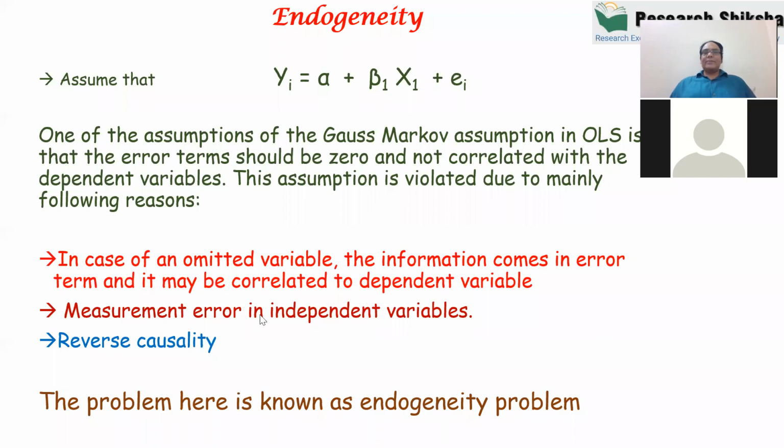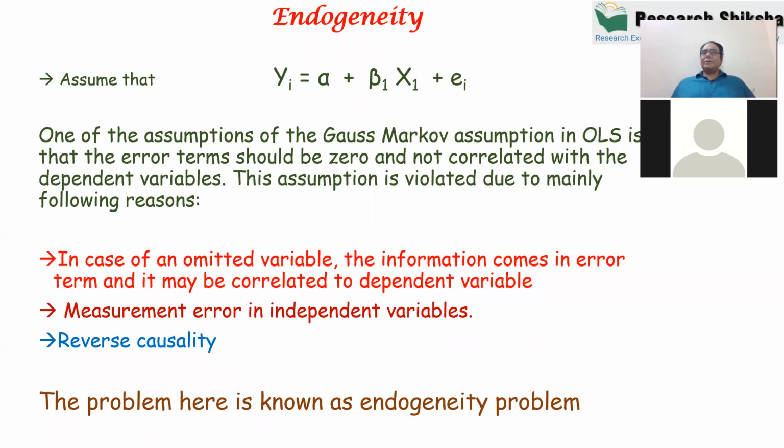Second is that sometimes there are many variables which we cannot measure, like qualitative variables, such as the mood of the market, the mood of the customer, and the sentiment of the industry.